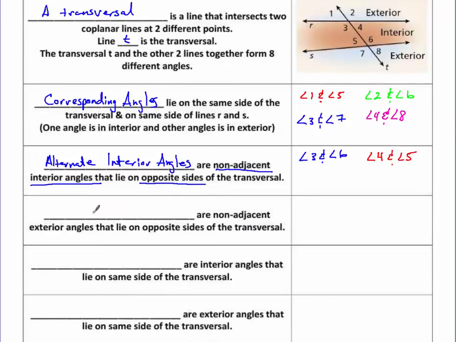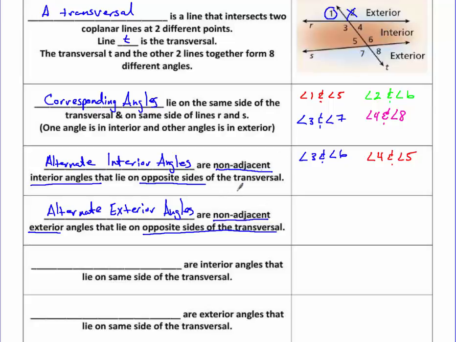Okay, our next type of angles are called alternate exterior angles. As you may guess, they're exactly like alternate interior, except they're on the exterior. So they're non-adjacent, they're exterior, and they're on opposite sides of the transversal. So let's go to angle 1. Well, angle 2 is not non-adjacent, so it's not angle 2.